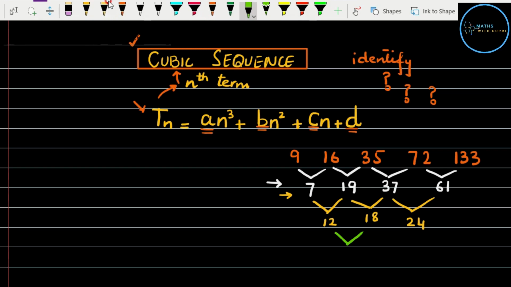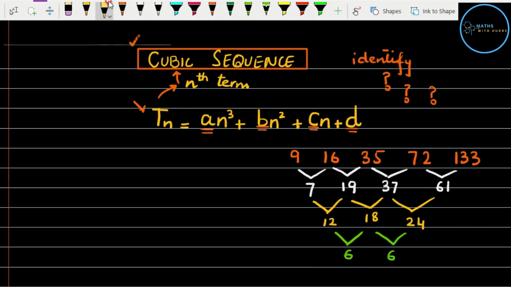So what is the answer of 18 minus 12? It will be 6. 24 minus 18 gives us 6. Now we need to stop here because we got the same answer, which means the difference is the same, a constant term. So after subtracting how many times do we get the constant?